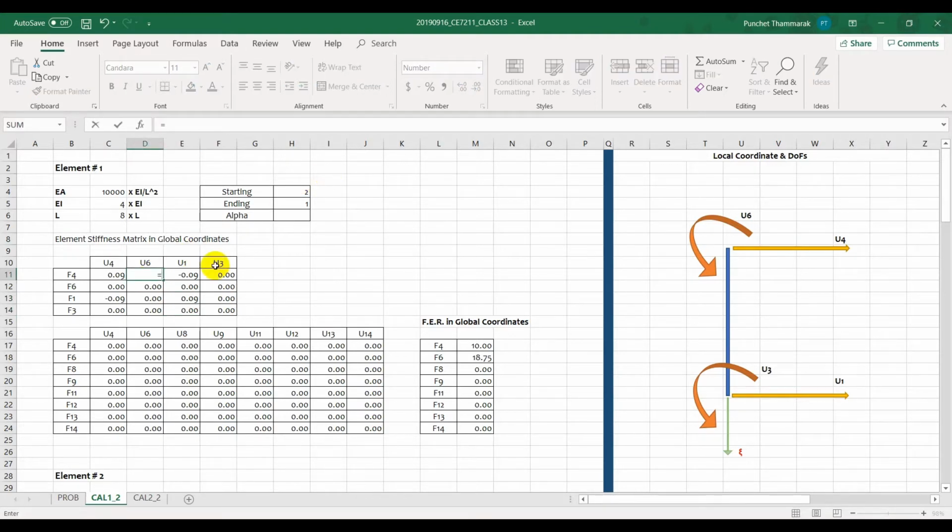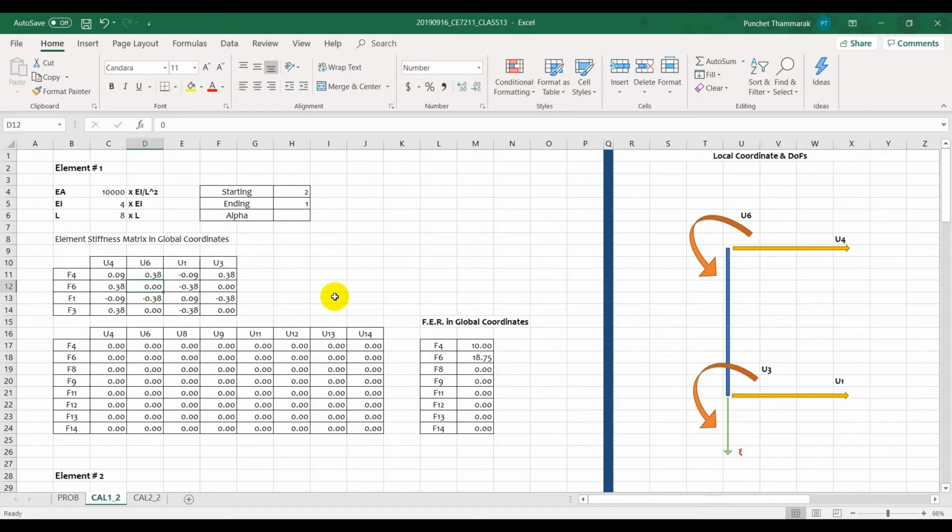Next one is equal to 6 times EI over L squared, and then this is equal to 6, this is equal to 6, this is equal to minus, right? This is equal to this, minus this is equal to this, and this is equal to this one.